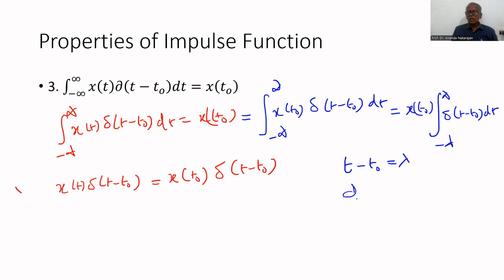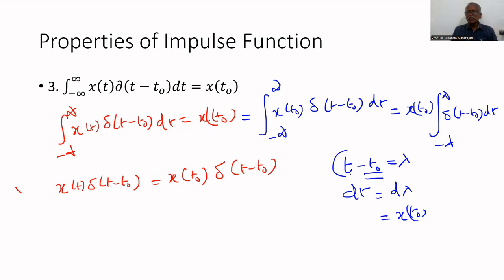So what is dt? t0 is constant, that's why its derivative becomes 0. If you differentiate on both sides, it becomes d lambda. So now the integration becomes x(t0) times the integral. What happens to the limits?